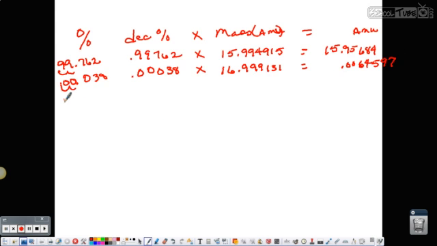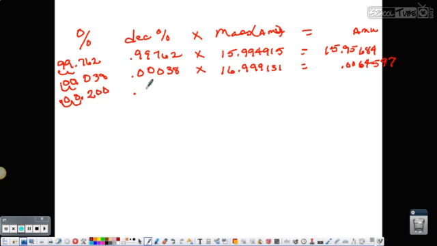Now the next percentage for oxygen is 0.200. Divide by 100, move my decimal 2 places. It does not matter that these are little bitty numbers. That's part of it, so don't be afraid to have a little bitty number.